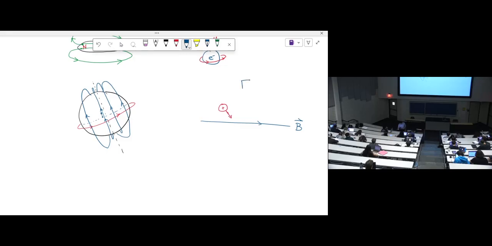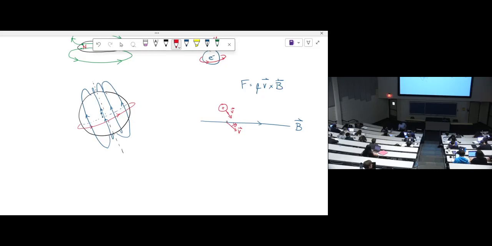We said that force is equal to Q, V crossed into B. What I'm trying to show you is that if I project this V down onto the magnetic field, there's going to be some angle between them.